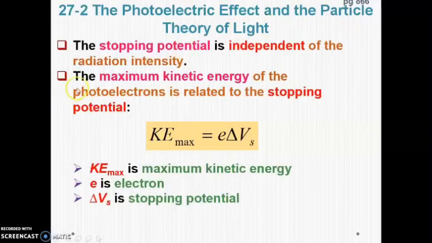The maximum kinetic energy of the photoelectrons is related to the stopping potential: KE max equals e delta Vs, where e is the electron charge, delta Vs is the stopping potential, and KE max is the maximum kinetic energy.